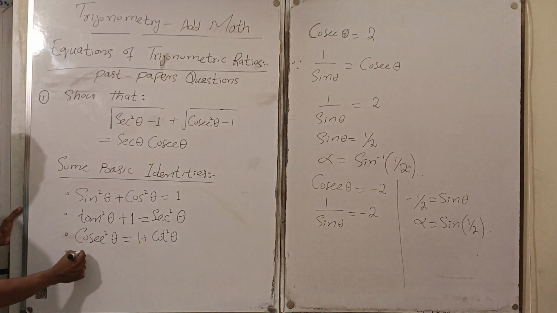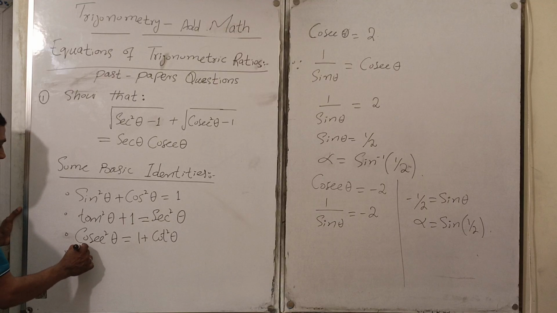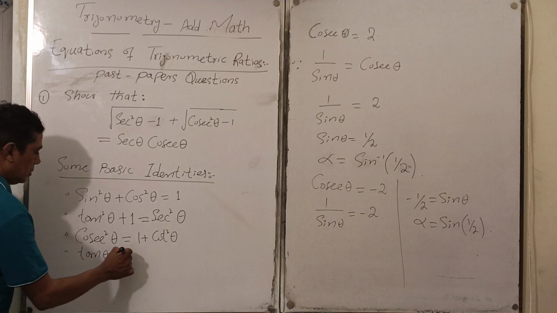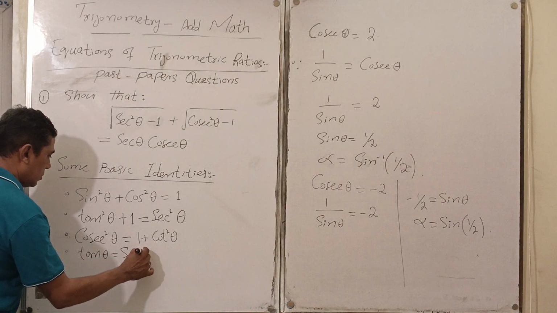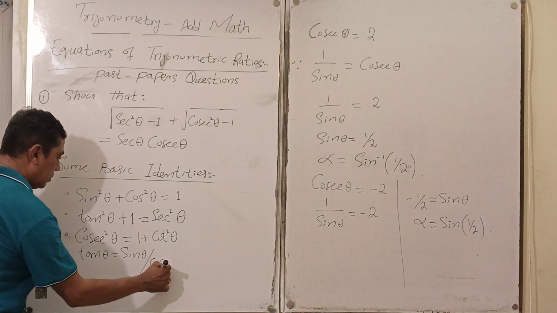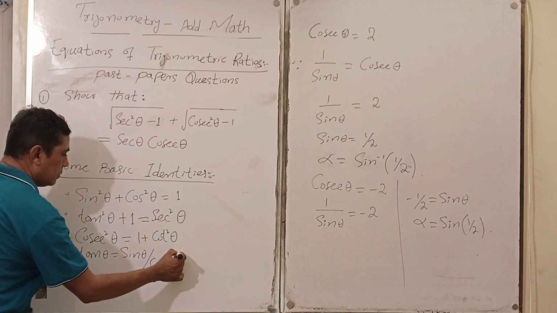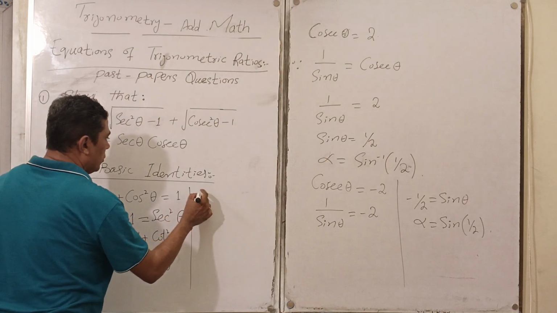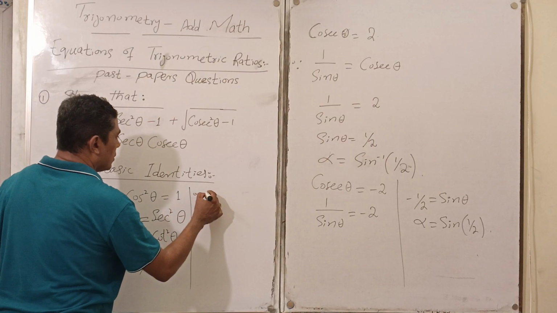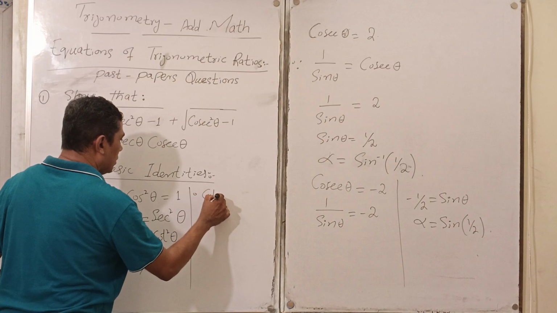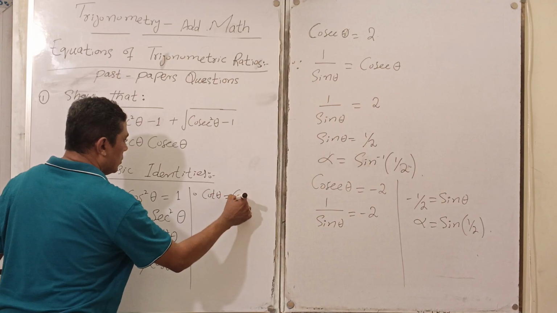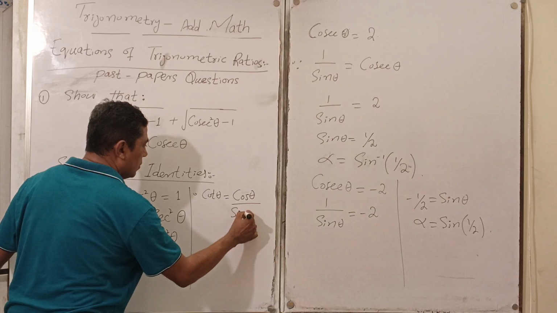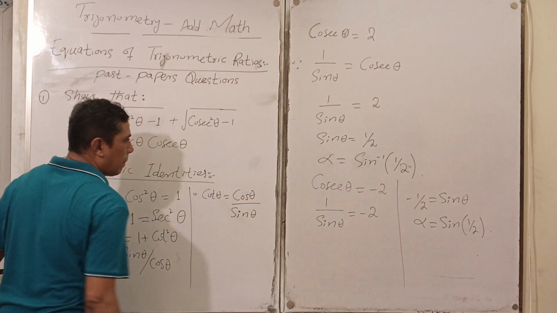Third identity, cosec square theta. One important thing, tan theta equal to sin theta divided by cos theta. And another one is cot theta equal to cos theta divided by sin theta.